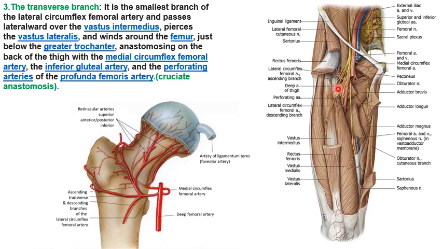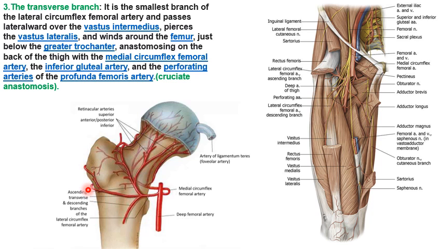So it passes laterally over the vastus lateralis and then winds round. It pierces the vastus intermedius actually, and then winds round the neck of the femur just below the greater trochanter. This is the greater trochanter, this is the lesser trochanter.